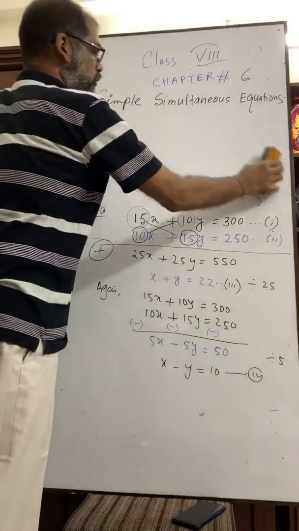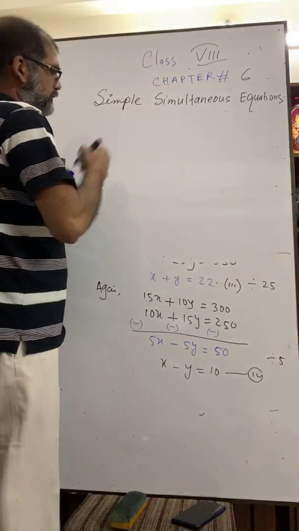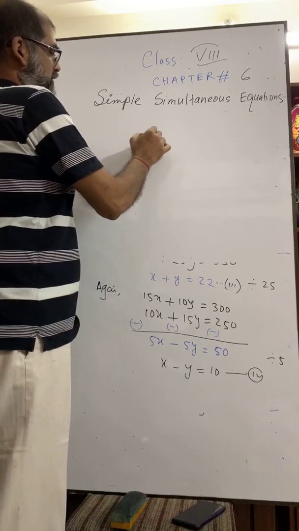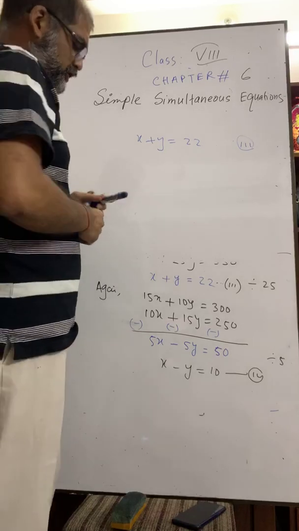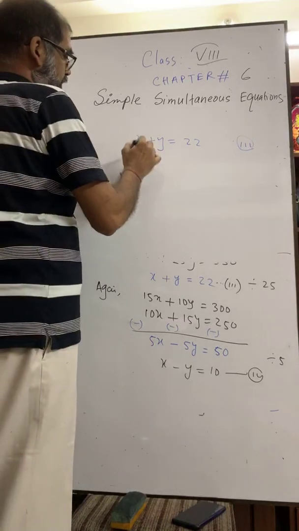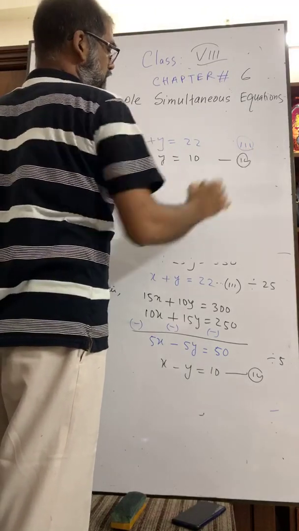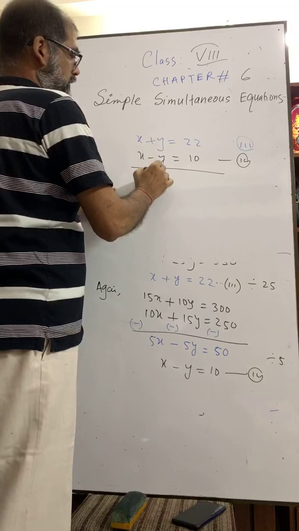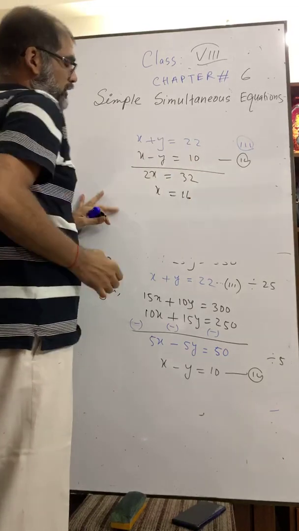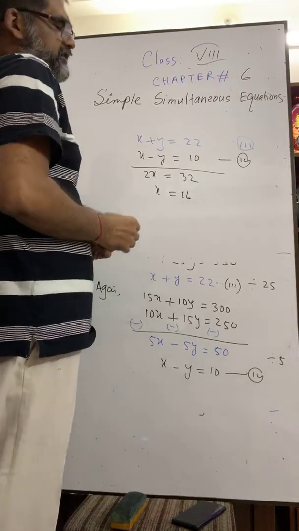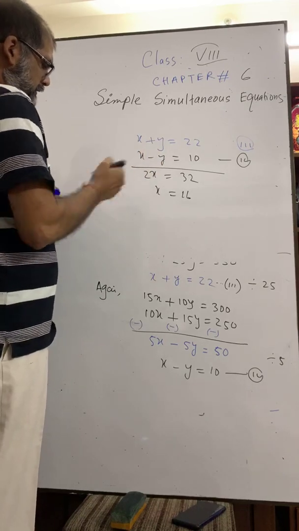That means we can write here equation 3 and equation 4. Write down. What is equation 3? x plus y equals 22. That is equation 3. And what is equation 4? x minus y equals 10. That is equation 4. Now we add them: 2x equals 32, divided by 2, x equals 16. Now put the value of x equals 16 in equation 3.